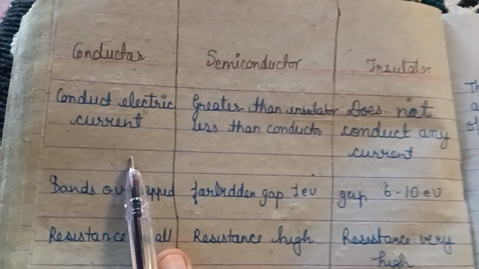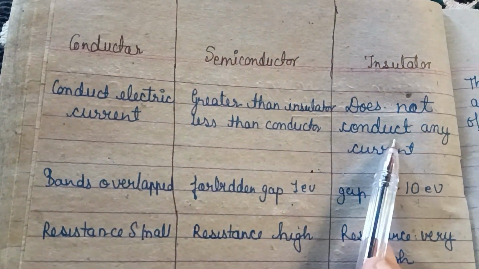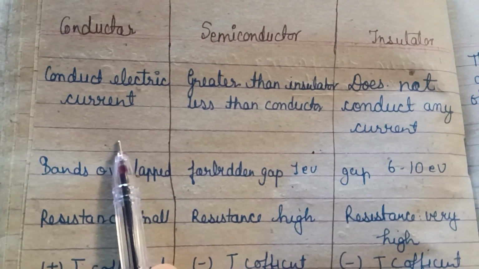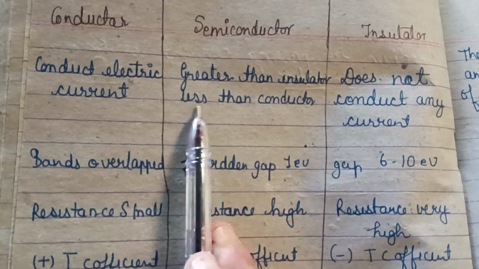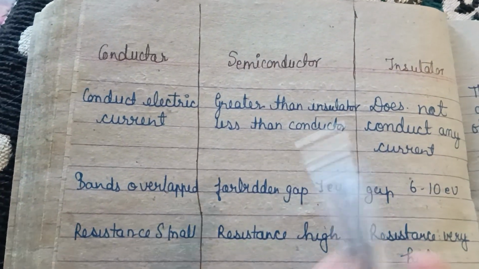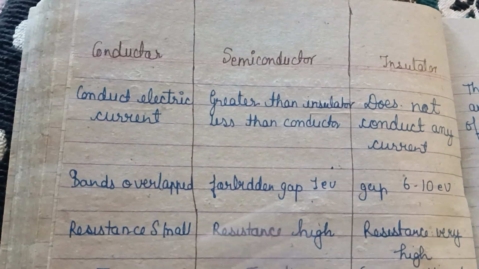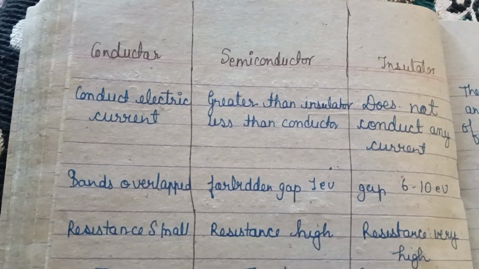So here you can see the difference between the conductor, semiconductor and insulator. A conductor conducts electric current. A semiconductor's conductivity is greater than an insulator but less than a conductor. An insulator does not conduct electricity.